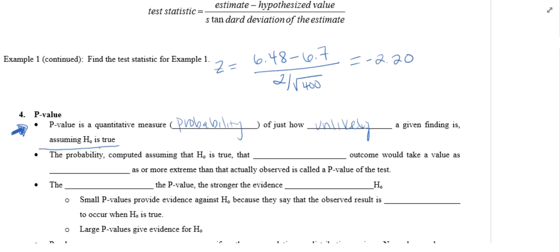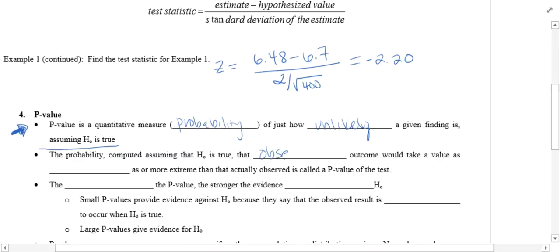The probability, computed assuming that the null is true, that the observed outcome would take a value as extreme or more extreme than the actually observed value is called a p-value of the test.